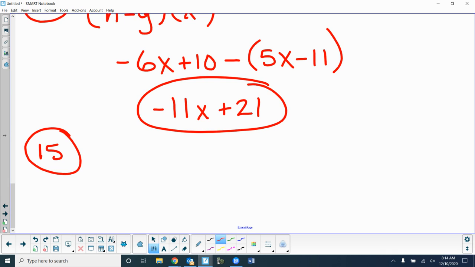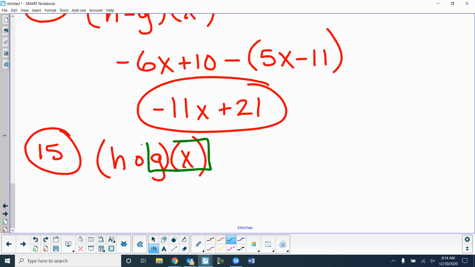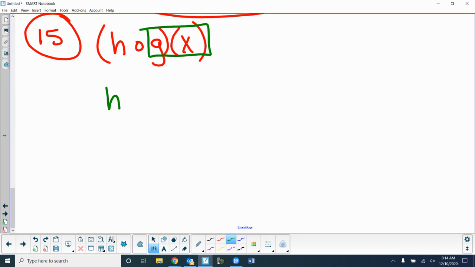Another composition. Okay, so we're putting the G in for the H, since there's no number. So we're doing H of the G. The G was 5x minus 11.